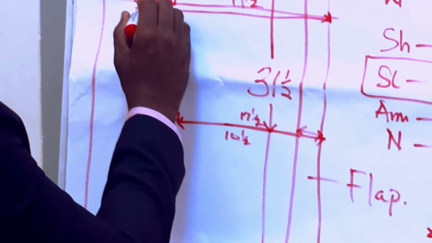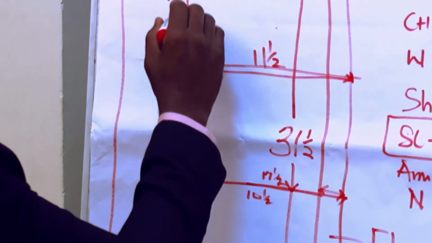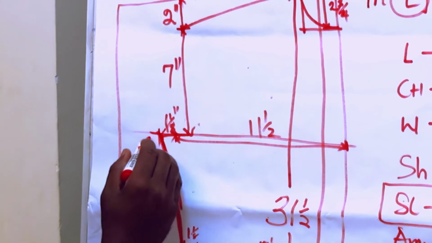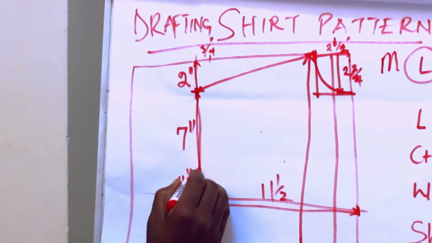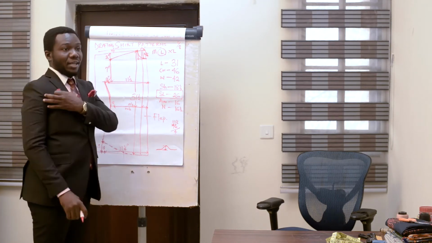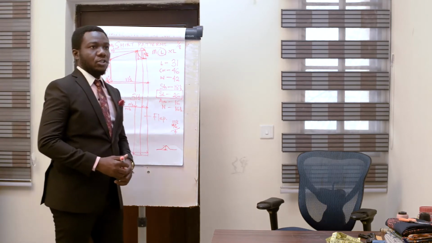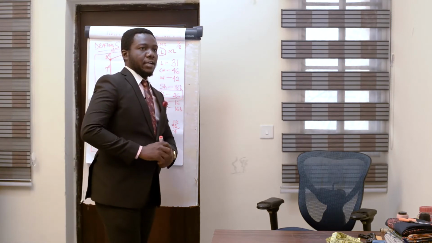And then I've not curved out my armhole, so now I'm going to curve out my armhole. You can't curve out an armhole looking like this. It's not possible. Your shirts won't come out well. There will be so much extra cloth here, and for that reason you would have an irregular looking shirt.